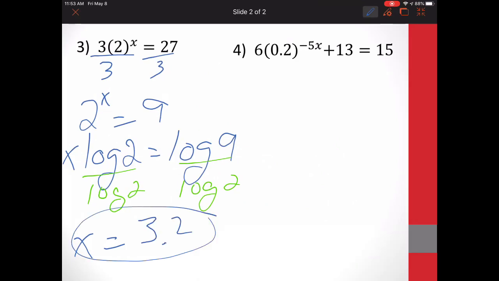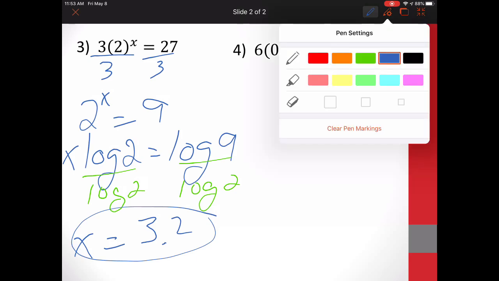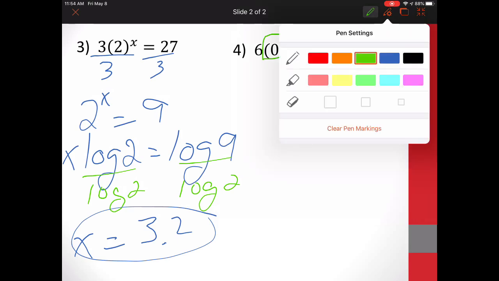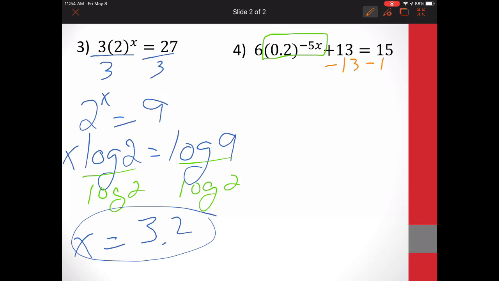Okay. So over here, for the last one, lots of stuff going on, if you notice. But we need this to be by itself before we can apply log. So everything around it has got to go. So we have to subtract the 13 first.